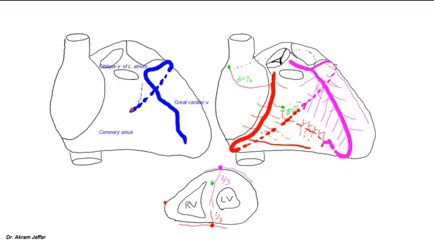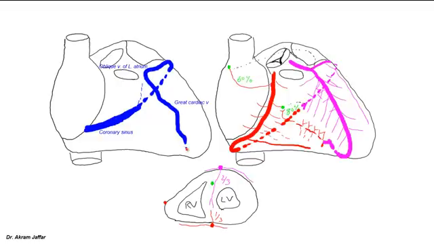The coronary sinus is a wide venous sinus that opens into the right atrium. The coronary sinus drains most of the blood of the heart. So the coronary sinus is formed by the union of the great cardiac vein with the oblique vein of the left atrium. The coronary sinus drains the other veins from the heart.